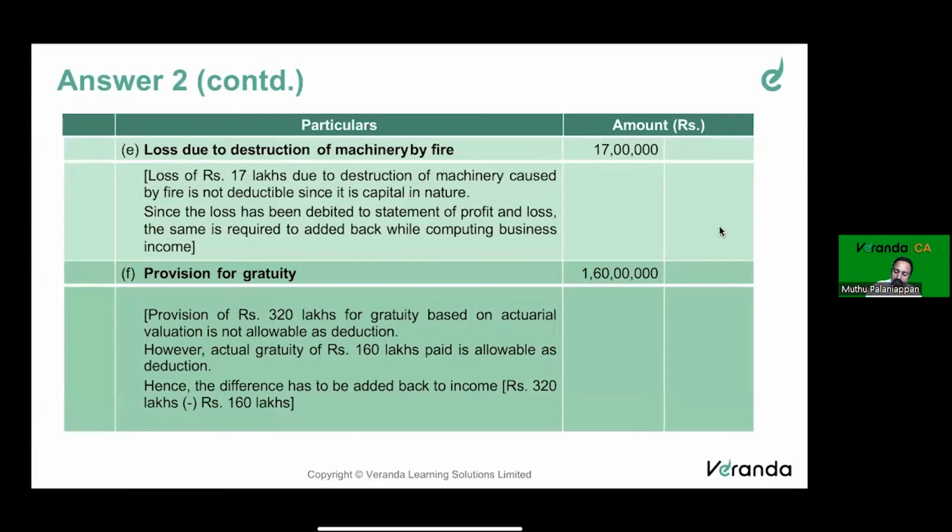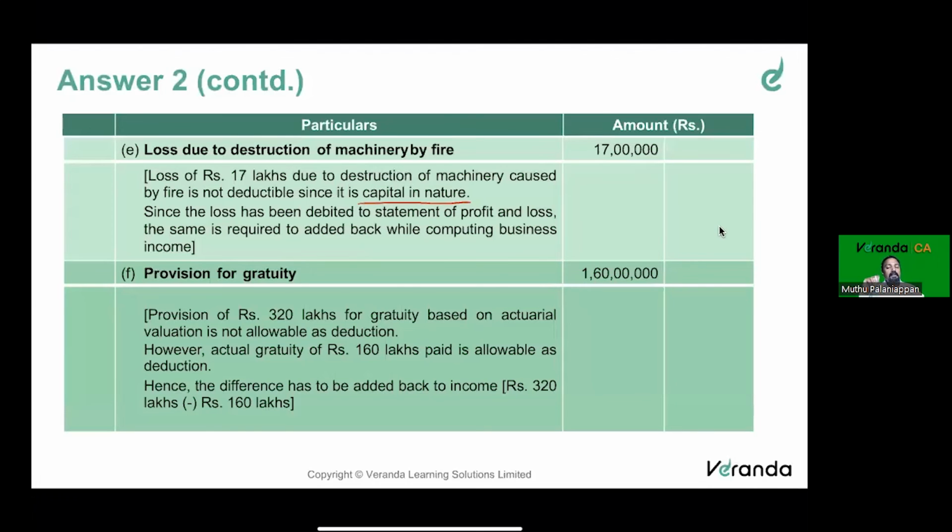So here it is very clearly capital in nature. Hence, it is not an allowed expenditure in the P&L account. So this 17 lakhs is not an eligible expenditure in income tax provisions. In income tax provisions, the profit or loss on a particular asset has to be recognized, the capital gain on such fixed asset. What did we say?